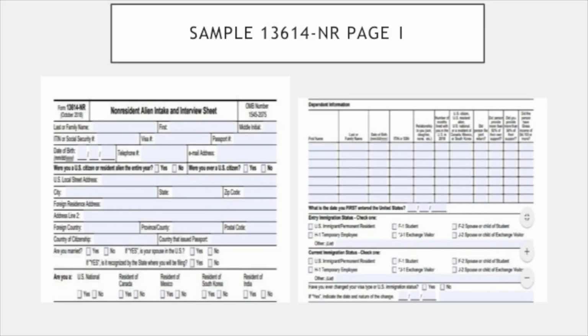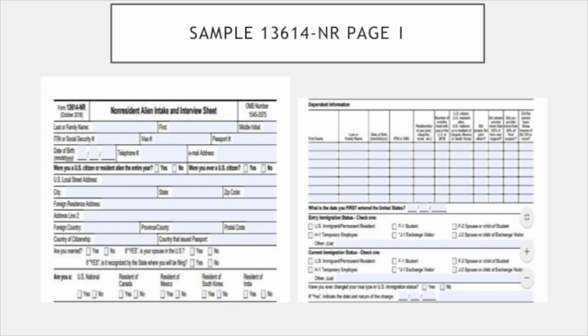Here is a sample of the form, 13614-NR. It's what we call the intake sheet. And this one is specifically for non-resident aliens or foreign students. It asks all the basic questions that you need for the tax return.